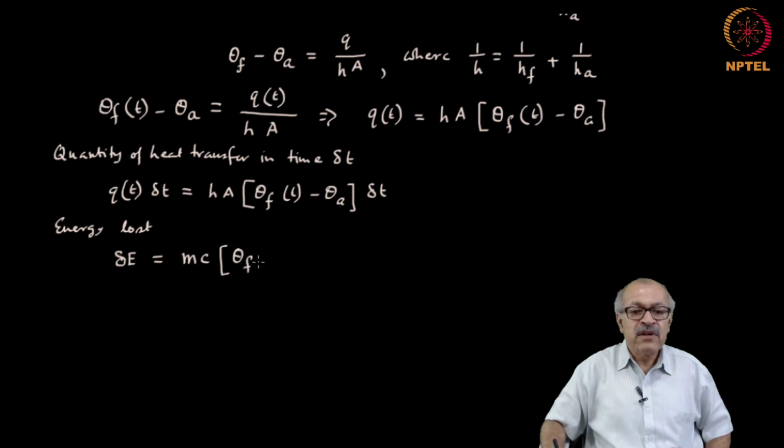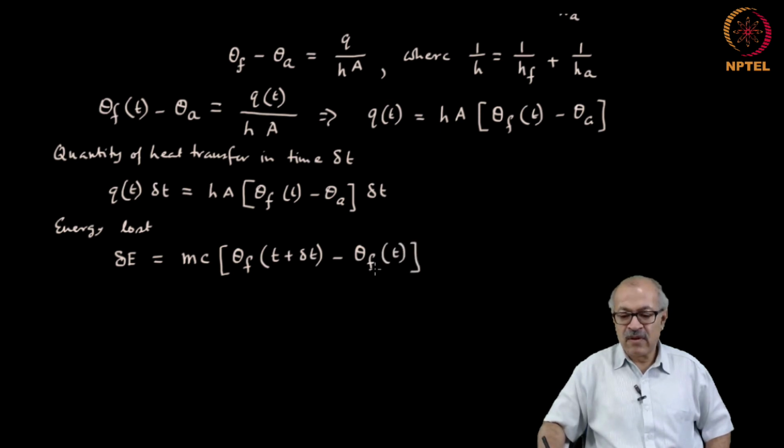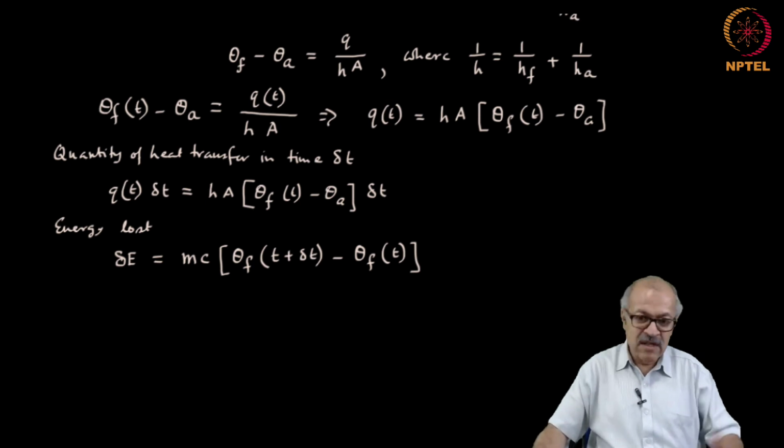Theta f at time t plus delta T minus theta f at time t. All right. So, this will be the amount of heat that is transferred. This was larger, this is smaller, but this whole thing will be a negative number, because it is a loss of heat.